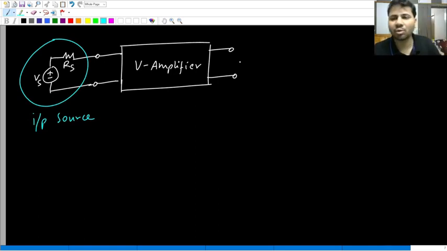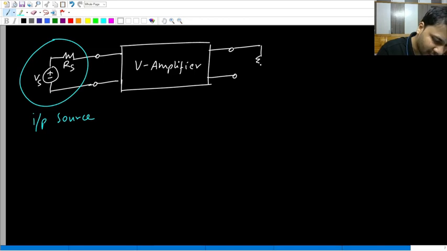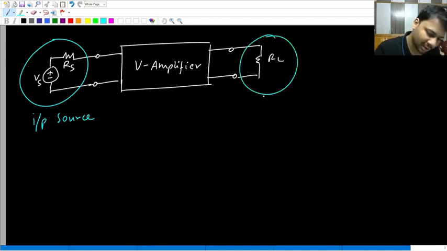And across the output port, generally we connect a load. Or if it's a cascade of amplifiers, the output port of this amplifier should be connected across the input port of the next stage. That is in case of cascade. But here, let's say we only have a simple load resistance. So if I ask you which is our load, obviously RL is our load. Now what does the input source do?